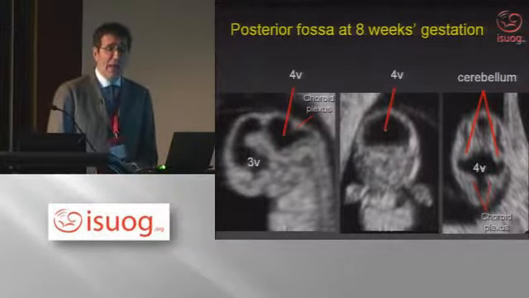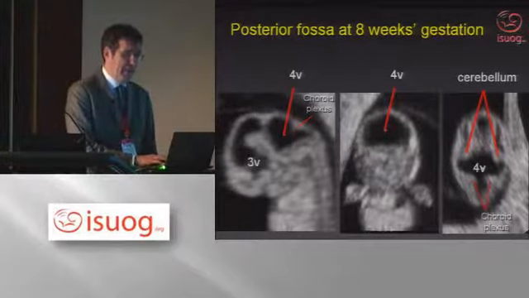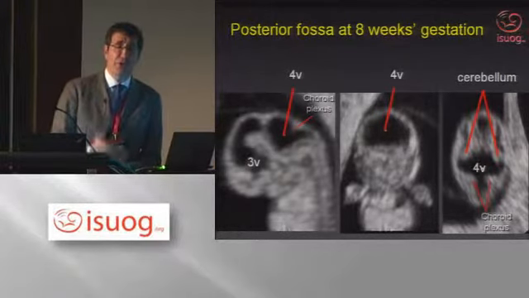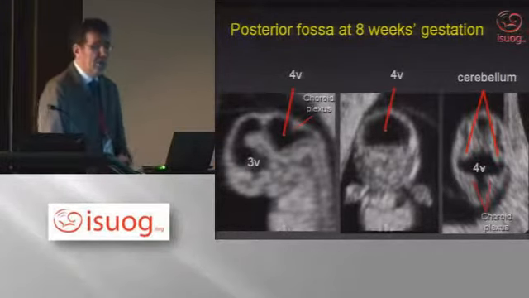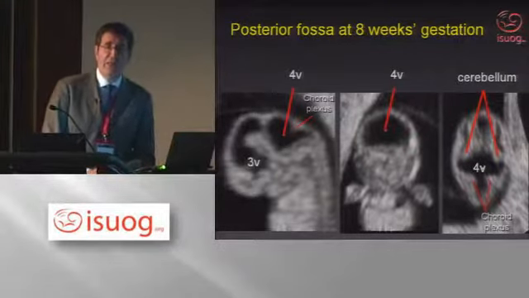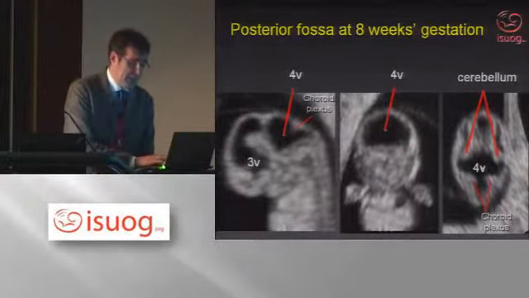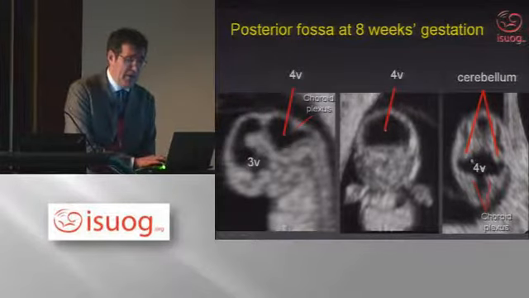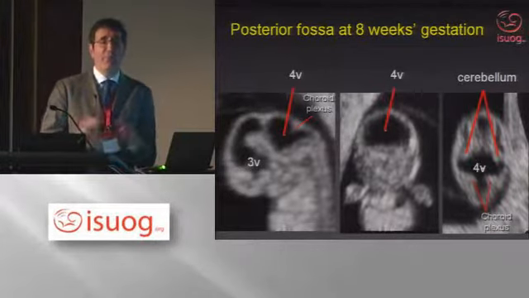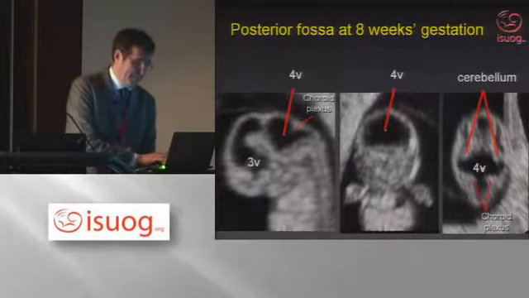You can see it quite well as a big fluid-filled area, which seems to be on top of the head of the fetus. In reality, it is in the neck region because the embryo is flexed. You can also see the cerebellum at this time in gestation, and the cerebellum is very small, just these two very little dots right here on top of the cavity of the fourth ventricle, widely separated the one from the other.